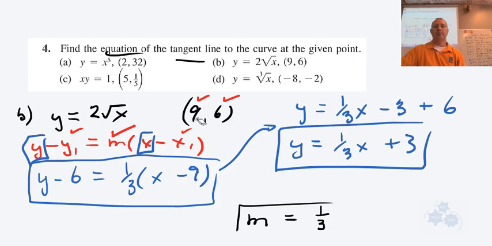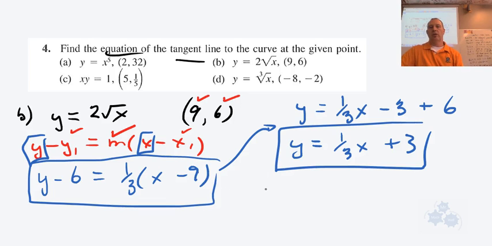That's great. And we could also put it in, I guess, general form, which would be where the x and the y and the constant, if there's one, would all be on the one side and it equals 0. And the x term has to have a whole number coefficient, positive integer. So let's see. Okay, so this is going to be 1/3 x.